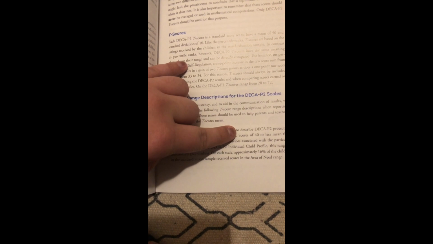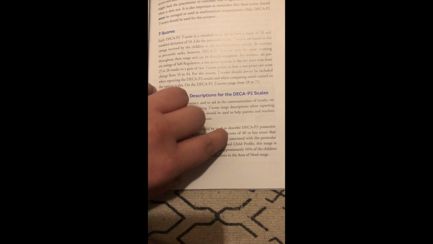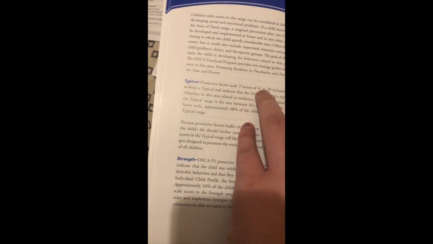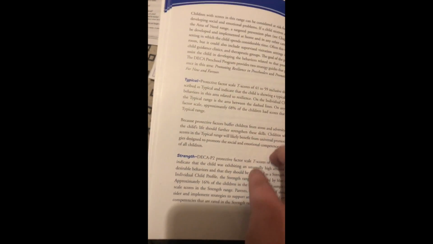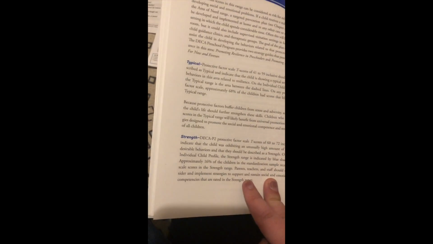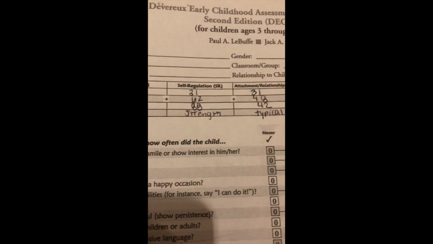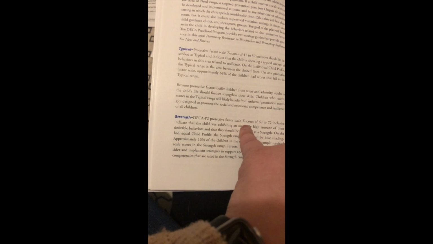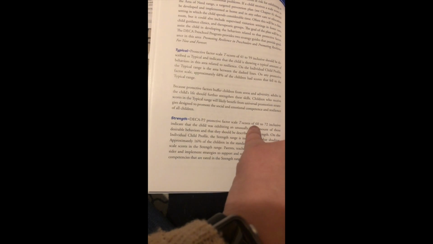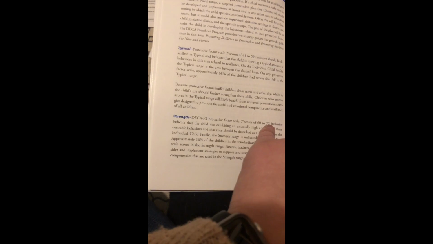Our child did not have any areas of need because none of his T-scores were 40 or less. So turning the page, we can find that most of our child's behavior fell under the typical range, which was 41 to 59. We did have one strength, which was in the self-regulation category, and that means that his T-score fell from 60 to 72.